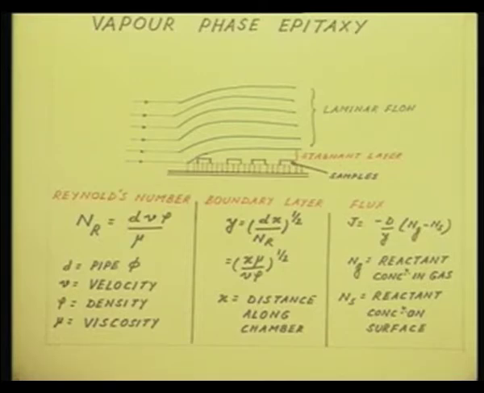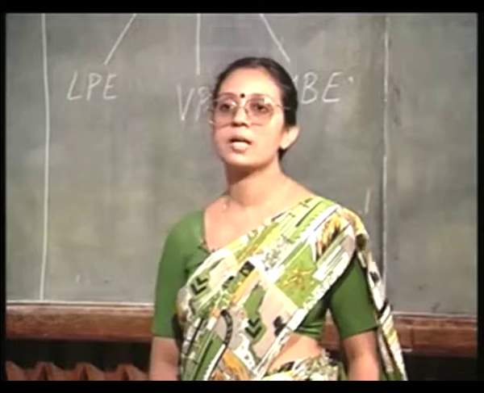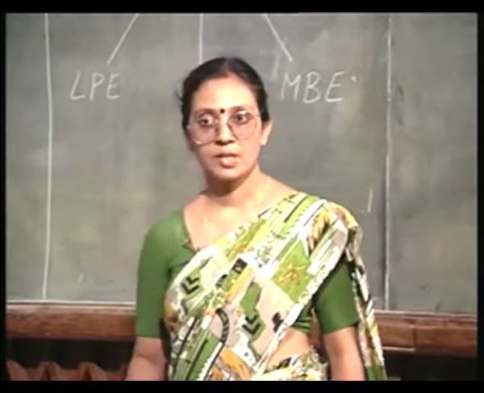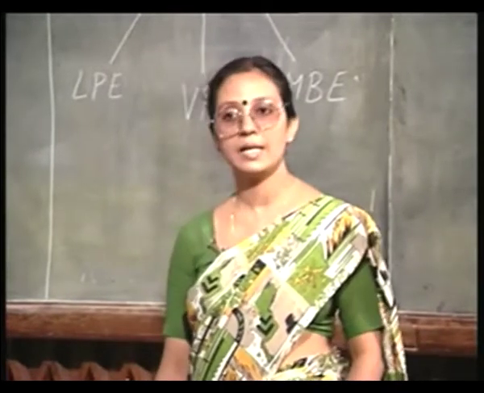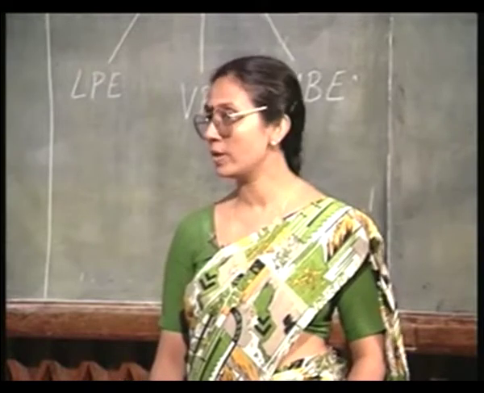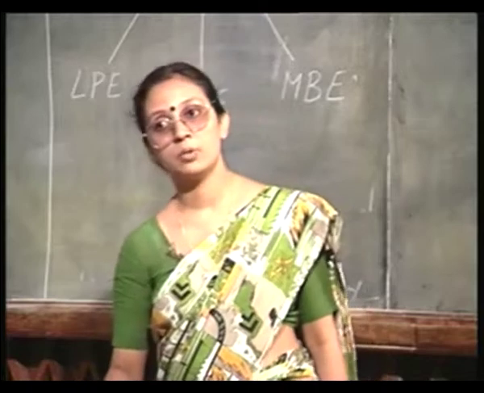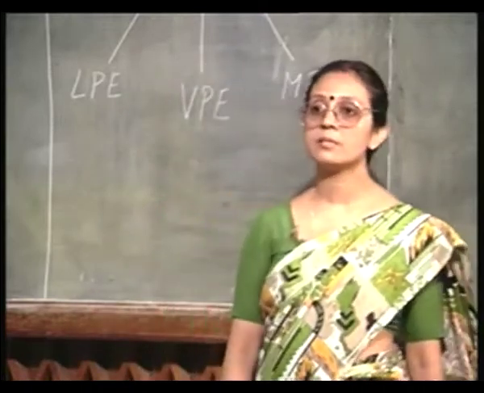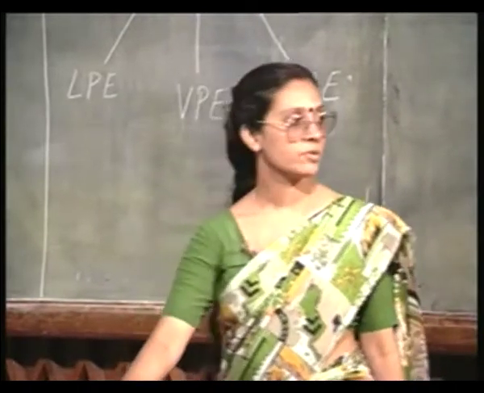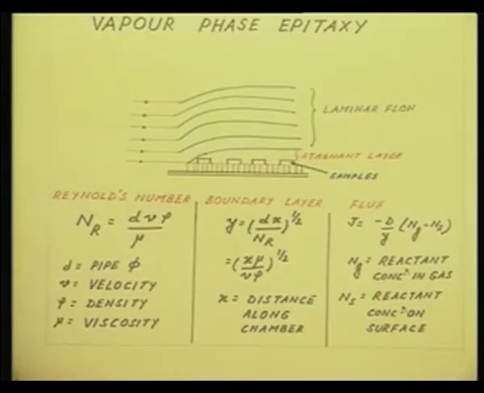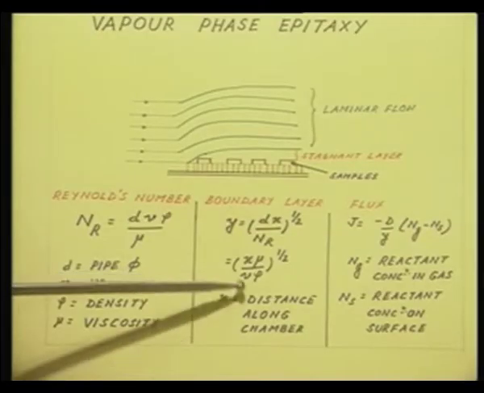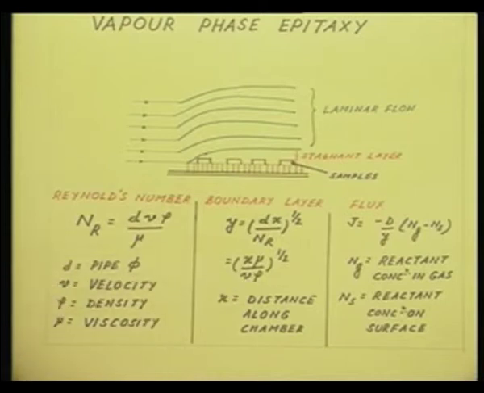So, you see, if the deposition has to take place, then this flux must be high. There must be a movement of the reactants onto the surface. So, again the boundary layer thickness must be made small, and you have seen from the second equation that the boundary layer thickness can be made small if I play with this velocity of gas flow, but remember within a certain limit.